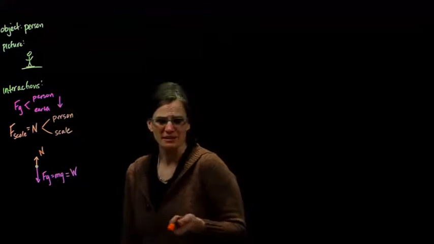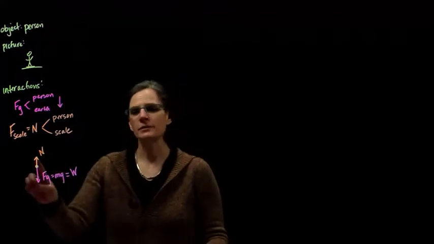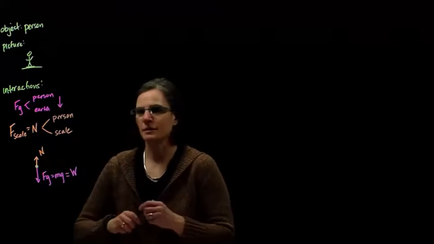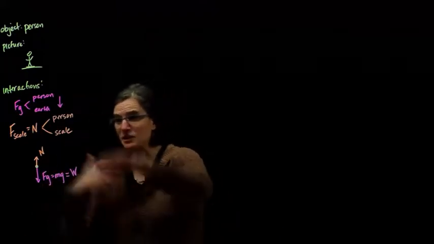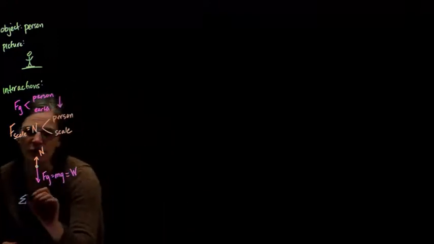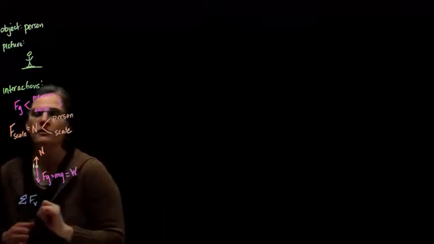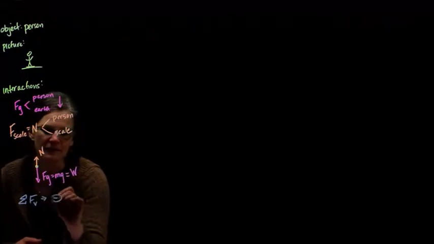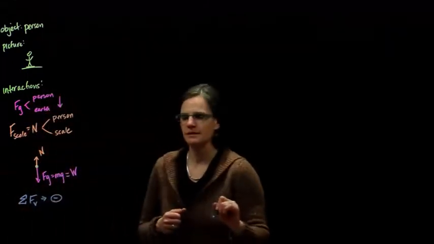It tells us that the up arrow is smaller than the down arrow. So the net force is in what direction? If I add these 2 arrows together, the net force is down. So the sum of the forces, and we're dealing with vertical forces, is negative.